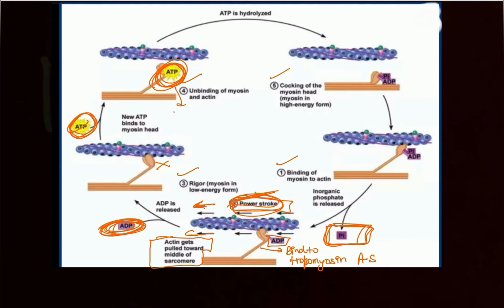We can also write here: ATP joins and myosin leaves the active site of tropomyosin.